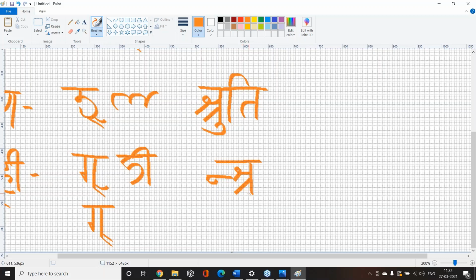Oh, okay. All right. So first I will write shruti as you had said. We will write sh first. So in Devanagari also, this shra is a conjunct of sh and ra. So this is how it is written in Devanagari also. It's not written as sh and then the other sh like this. Usually sh in Devanagari is written like this, but here as a conjunct in Devanagari also it takes a different shape.